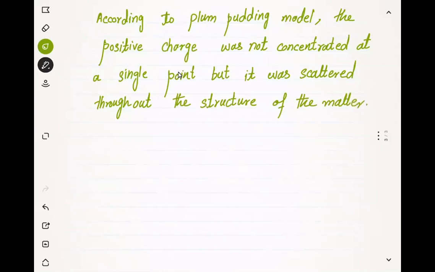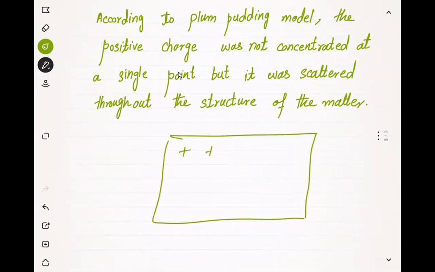So basically, according to the plum pudding model, the positive charge was scattered throughout the structure of the matter.